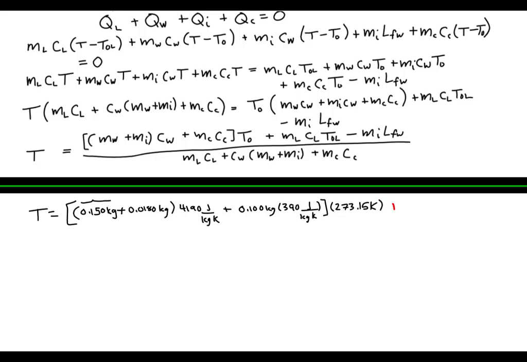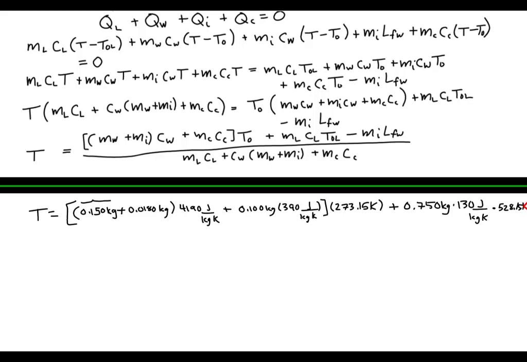So the next term is the mass of the lead. So the lead is 0.750 kilograms times the specific heat of lead, which is 130 joules per kilogram Kelvin, times the initial temperature of lead, which is 528.15 Kelvin, after converting from 255 degrees Celsius.